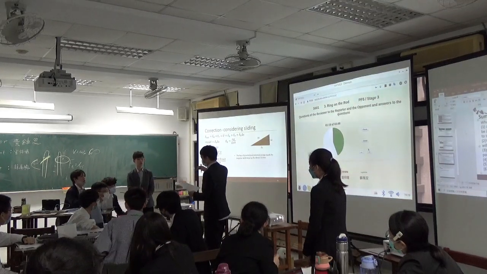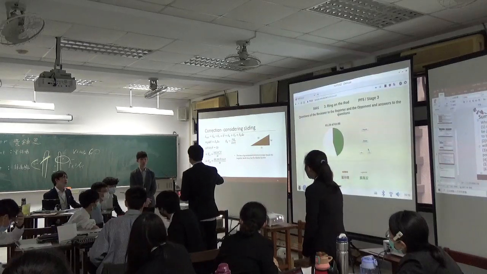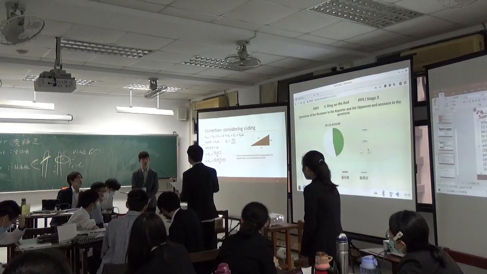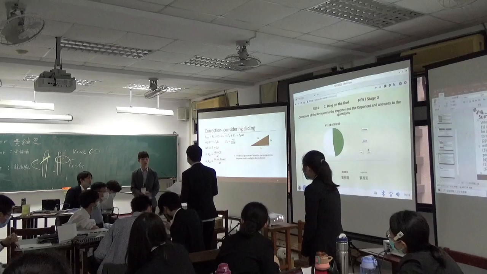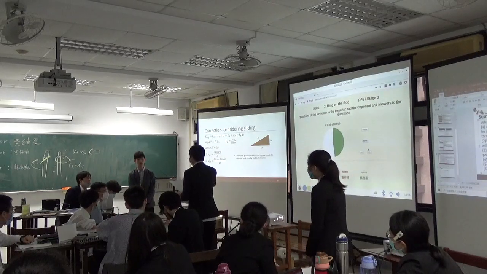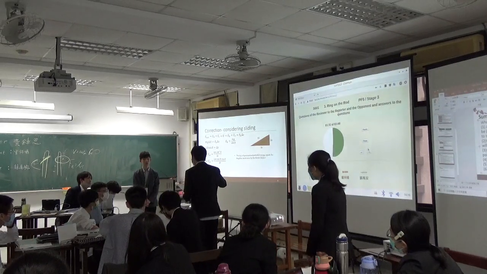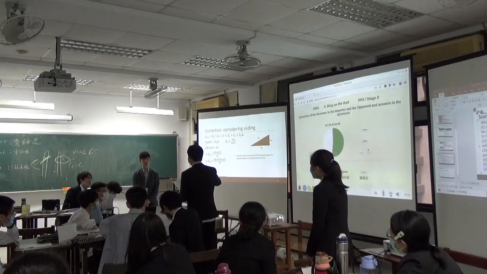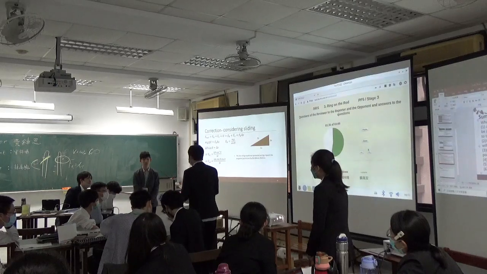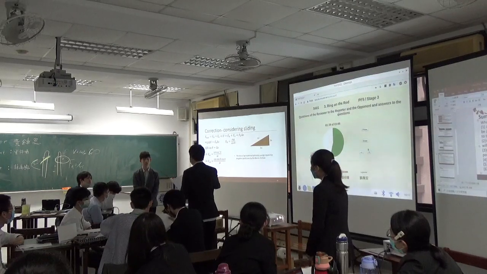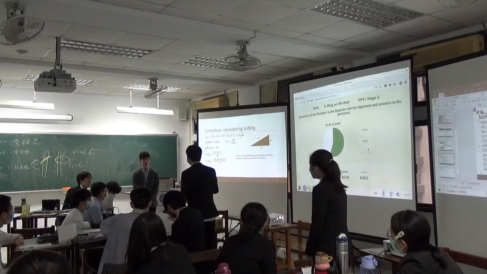Okay, now, if the origin is on the ground, will the center of mass change? Yeah, so it will waggle around the ground, right? If it will waggle, it means that it will have vertical and horizontal waggling in the phenomenon. So how can you analyze the motion of the center of mass?